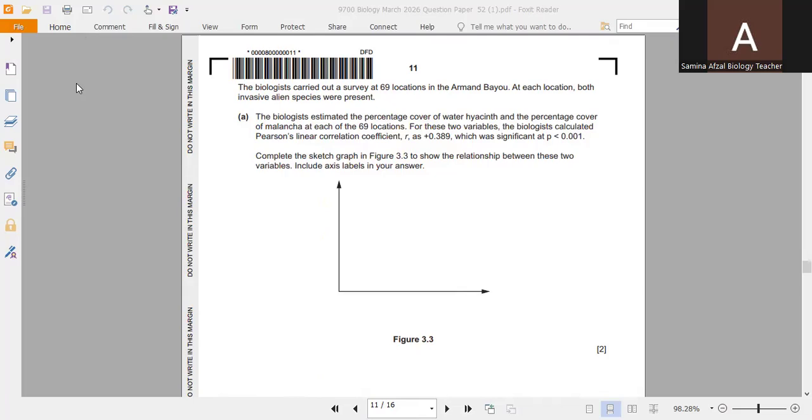Complete the sketch graph in figure 3.3 to show the relationship between these two variables. Include x-axis labels in your answers.